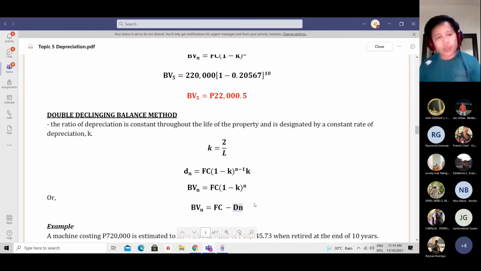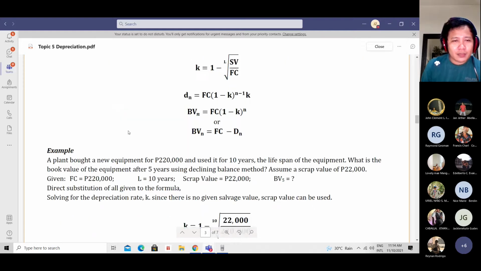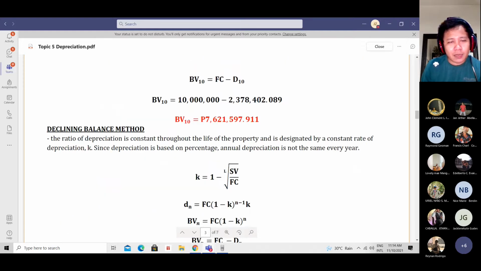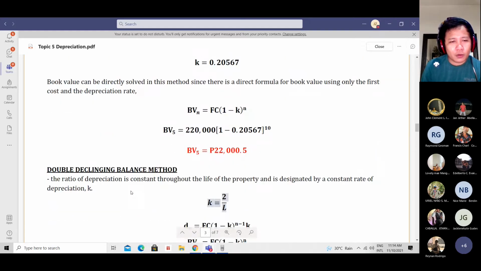So again, the only difference for the double declining balance method is the rate K. Its formulas are the same as the declining balance method. This is double declining, not declining. So again, the only difference between the declining balance method and the double declining balance method is the rate K. The rest of the formulas are the same.